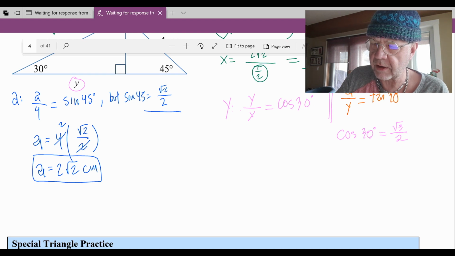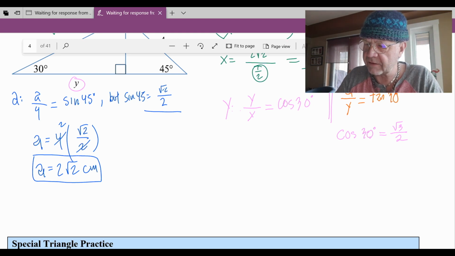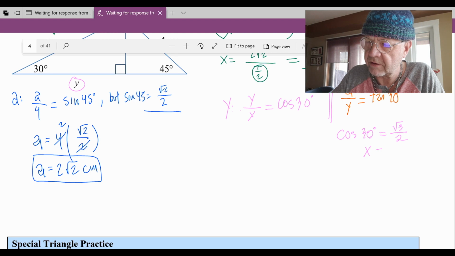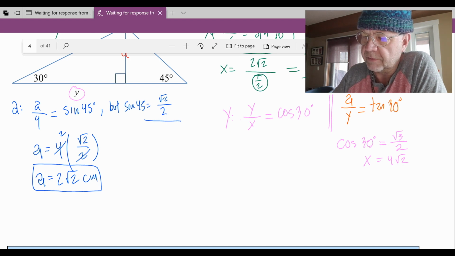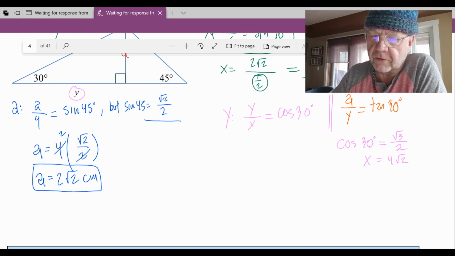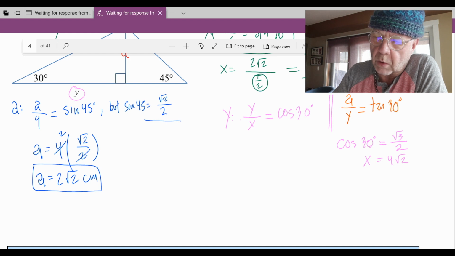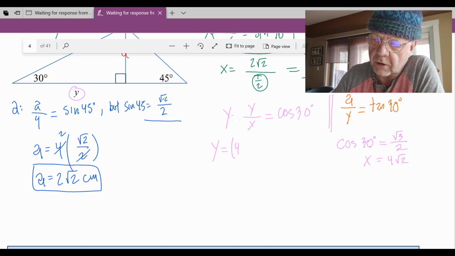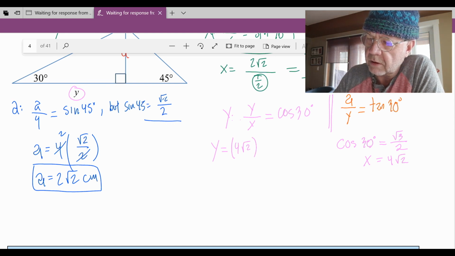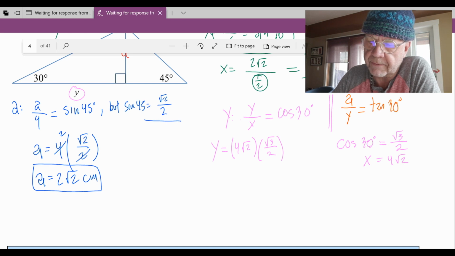And I know that x, just from the question up here, is 4 root 2. So I'm going to rearrange this formula in terms of y. Y is going to be equal to x cos 30, in other words, 4 root 2 times root 3 over 2, like that.